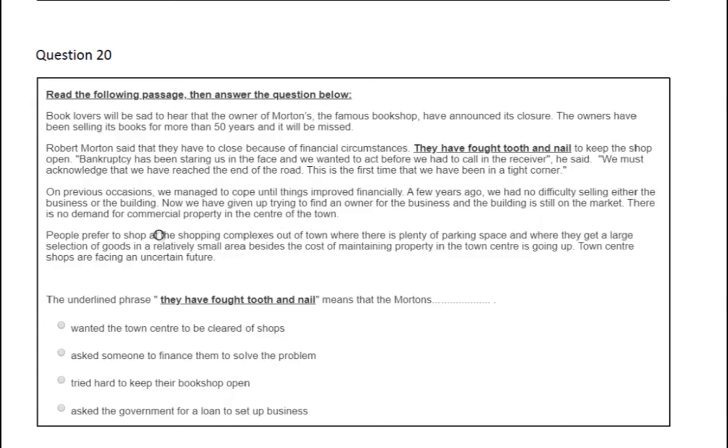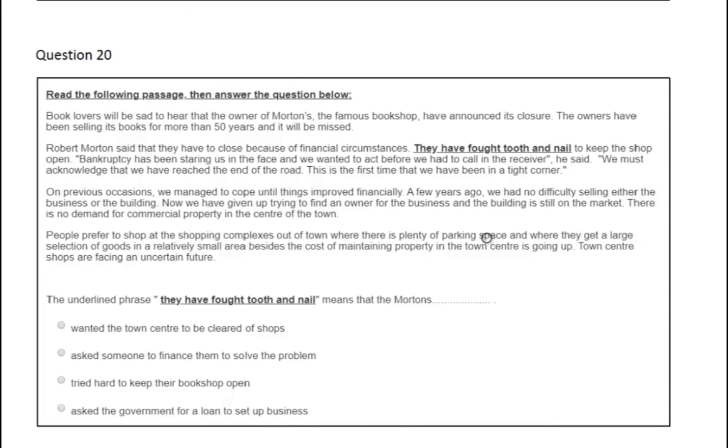There is no demand for commercial property in the center of the town. People prefer to stop at the shopping complexes, new places out of the town. Out of the town, new malls are built, and people prefer to go to these places, where there are malls, bookshops, and so on, where there are plenty of parking spaces.